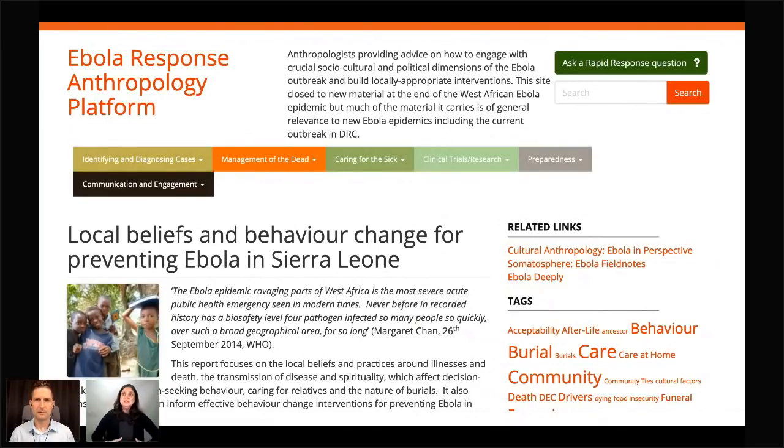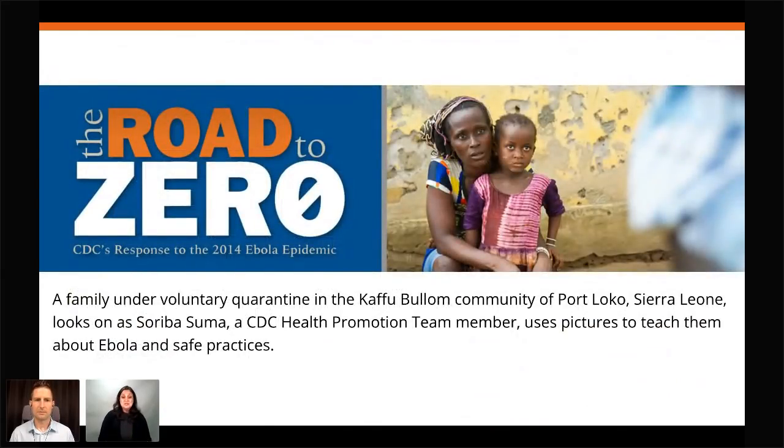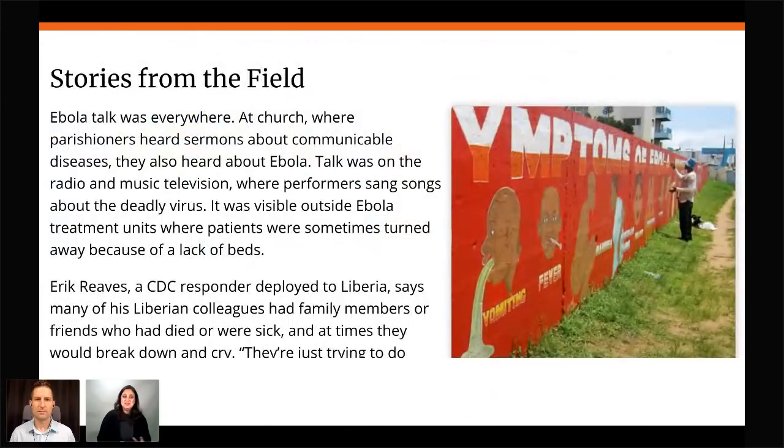Therefore, you need to deploy people on the ground to tell stories that people can receive and understand. This was done very successfully during the 2014 Ebola epidemic. There were pictures painted everywhere. People told each other stories, but this all came from their local community, and it made it much easier for them to accept and become educated.